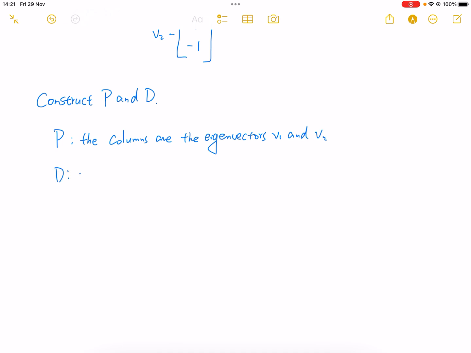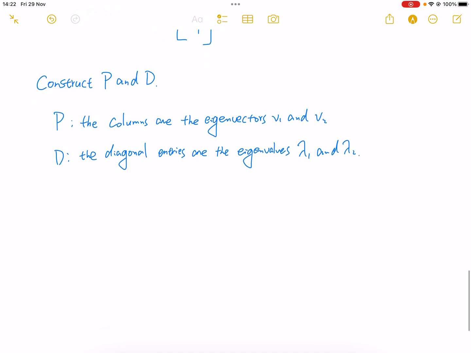In D, the diagonal entries are the eigenvalues lambda 1 and lambda 2.